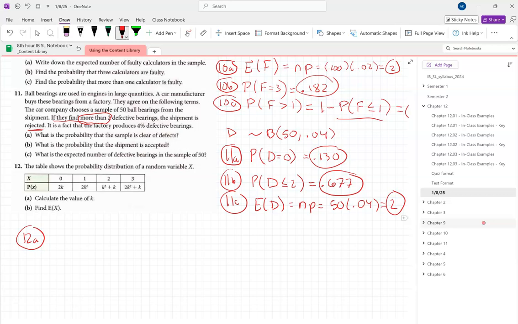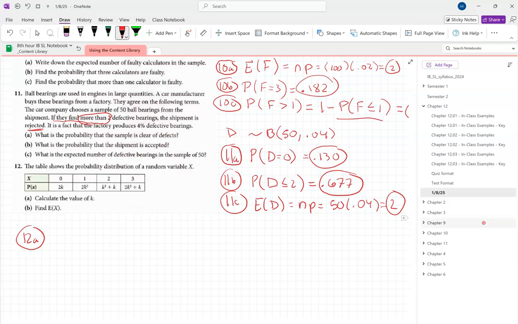Let's do 12 now. It says the table shows the probability distribution of a random variable x. Notice that asking the question, is this distribution binomial or normal, is stupid, right? It's clearly neither one. Everybody's okay with that? How am I supposed to solve for this k, though?